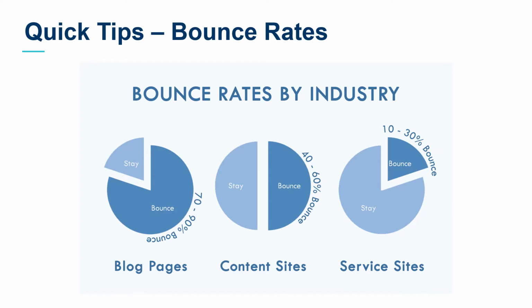First, let's talk bounce rates. Bounce rates, often averaged across an entire site, give us a ballpark of quick views. This is what Google sees as a non-relevant visit or view of a page. If your site is averaging an 80% bounce rate, then only 20% of your page views are what Google considers valuable.